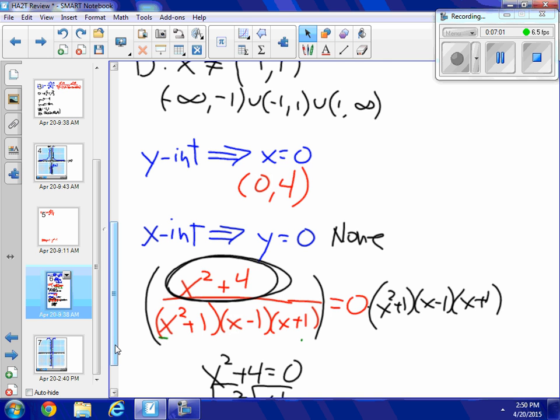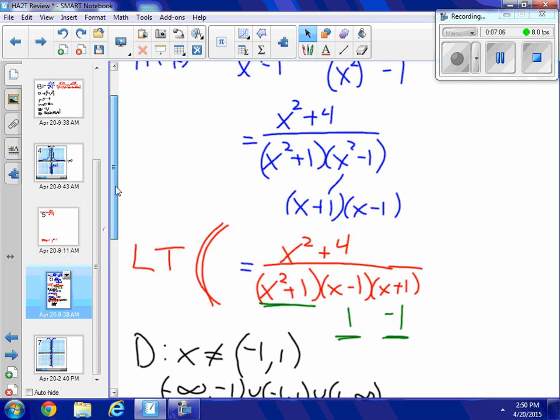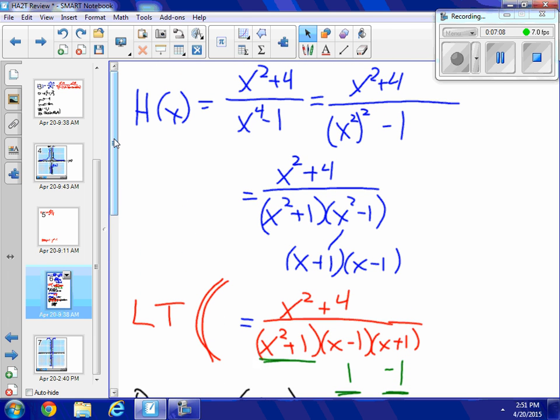Now I'm going to go through step number 6. And I have to find the horizontal or oblique asymptote. So I'm going to go back to my original function right here. And I'm going to say, is that proper, improper, or really improper? Well, the highest power of my numerator is 2, and the highest power of my denominator is 4. So the top is smaller than the bottom.